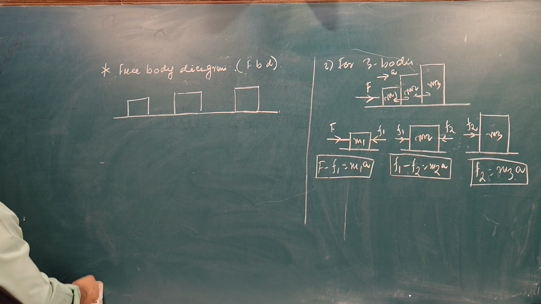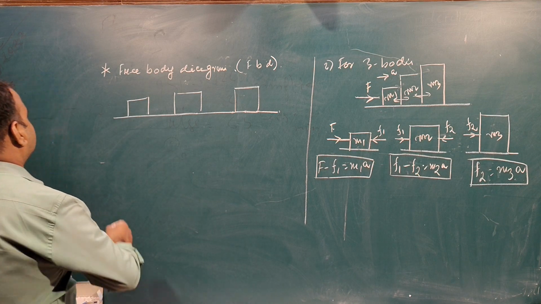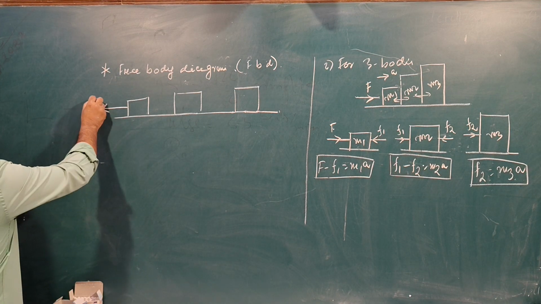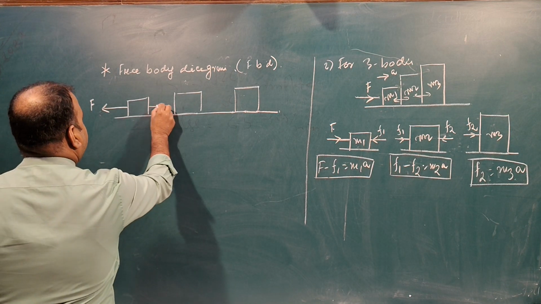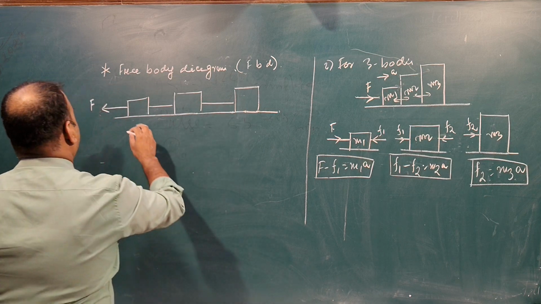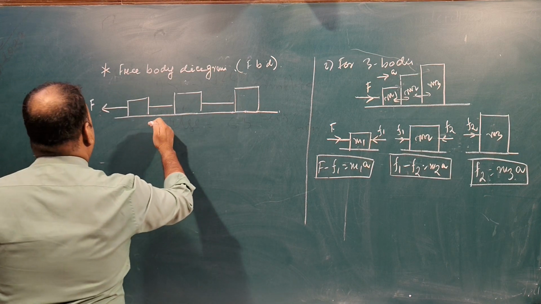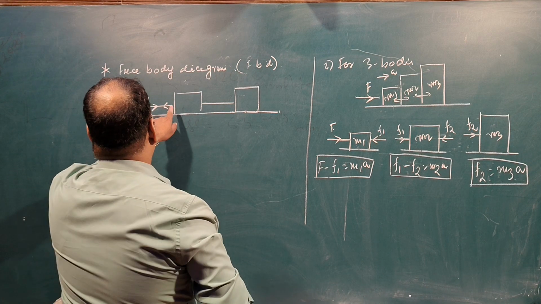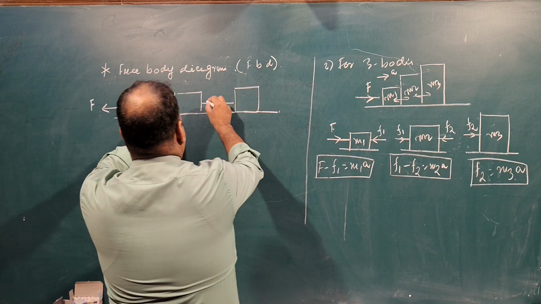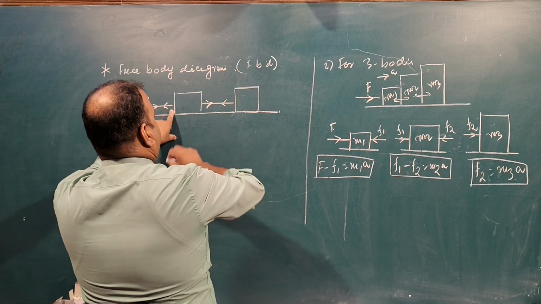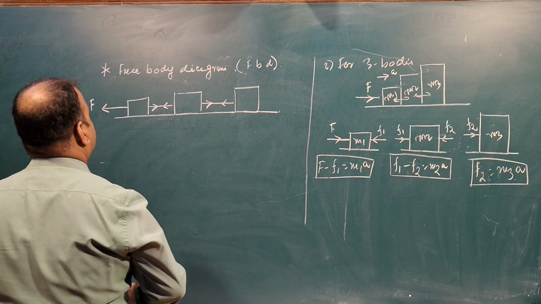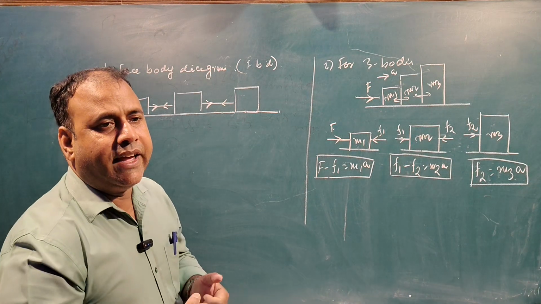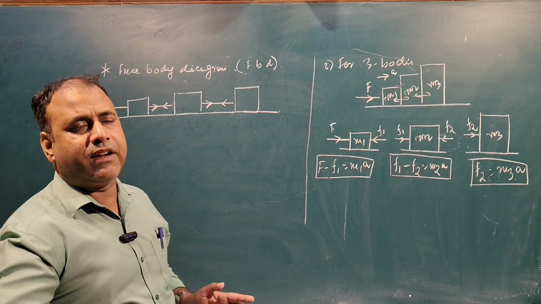In this case, when the force is acting, suppose I am giving the force in the opposite direction. So the motion is in the backward direction, and the force will be in the forward direction. Remember, when bodies are connected by touching each other, we consider F1, F2 like this.